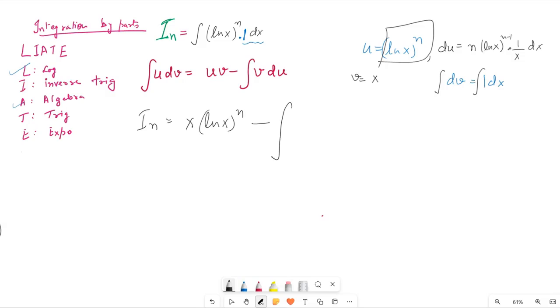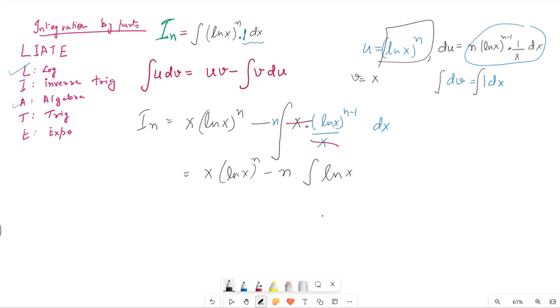Minus the integral of v, v is x, times du. du is this whole thing. So you're going to write ln x to the power n minus 1. n is a constant, I'm going to write it outside, by x dx. If you notice, this x cancels out. What are we left with? x natural log of x to the power n minus n times the integral of natural log of x to the power n minus 1 dx.